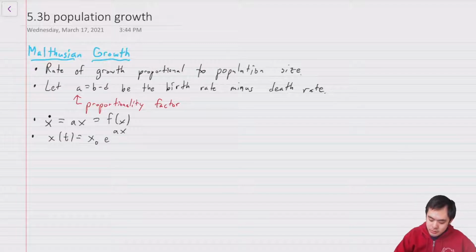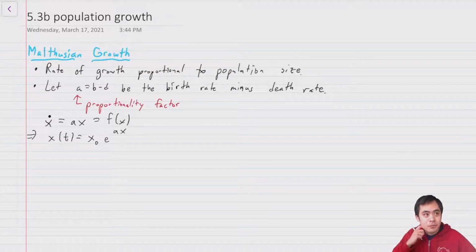We also know that we can find equilibria, right? So if we were trying to find equilibria of the system, well, what we want is some x bar such that x dot is equal to 0. So we're going to assume that a is not equal to 0, because otherwise it's not interesting.